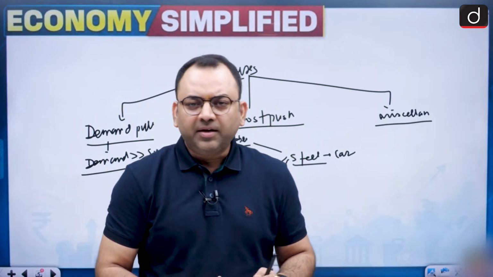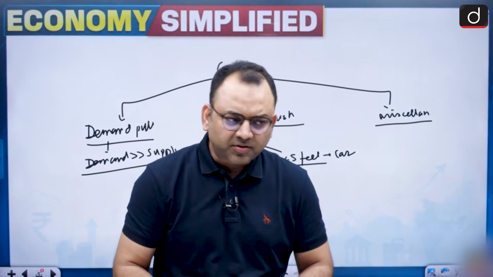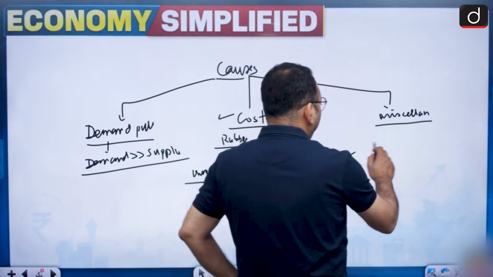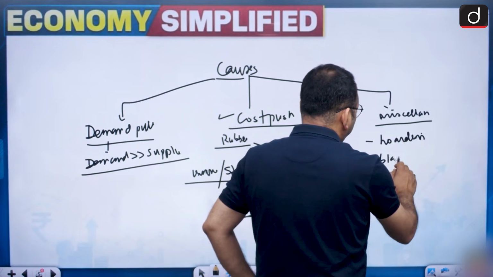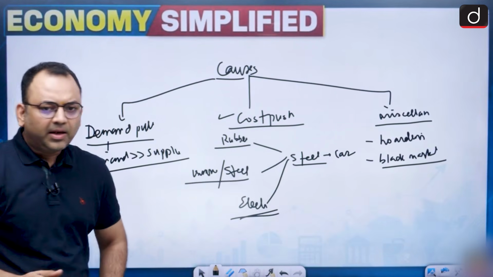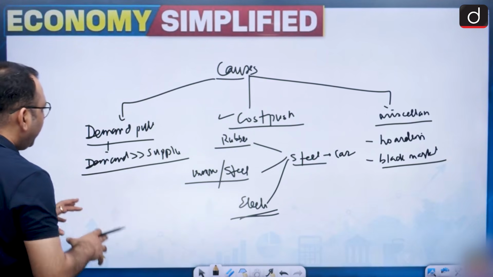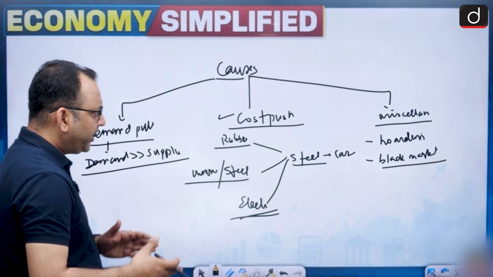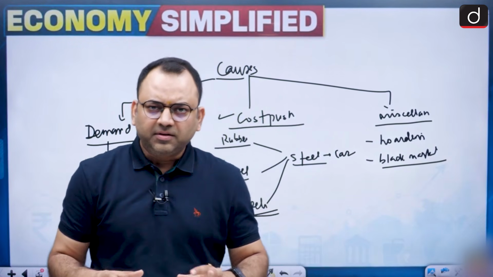Any disaster, any pandemic may disrupt the supplies. As a result, inflation may be caused. So any pandemic, any hoarding or black marketing, these things lead to inflation at times. So we have the demand pull, the cost push and the miscellaneous, the hoarding, black marketing, they all are factors leading to inflation.